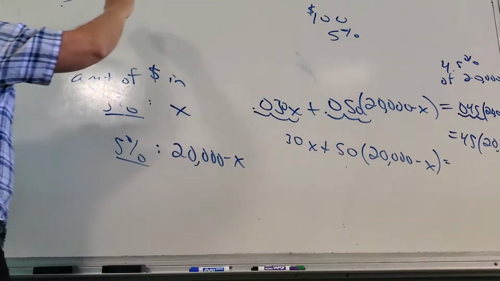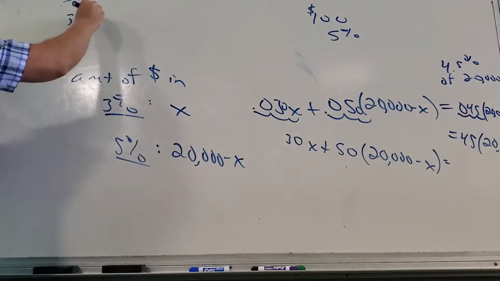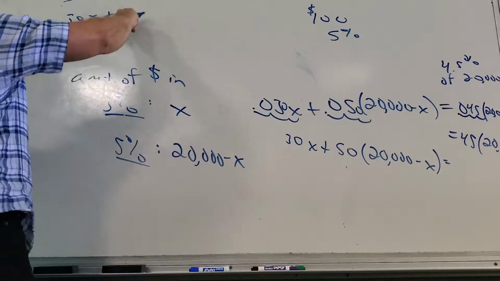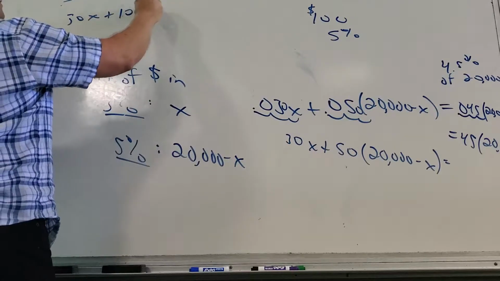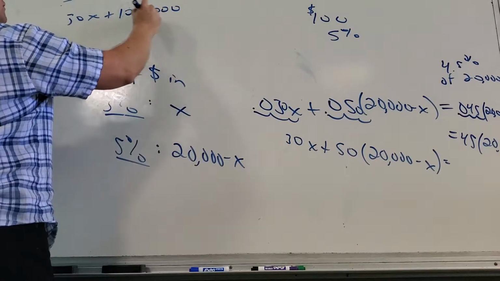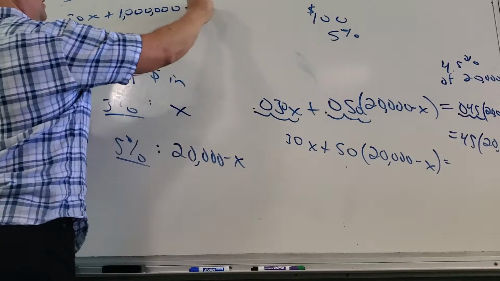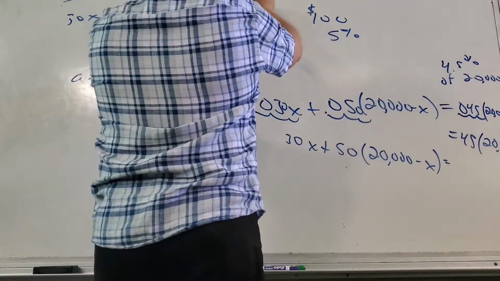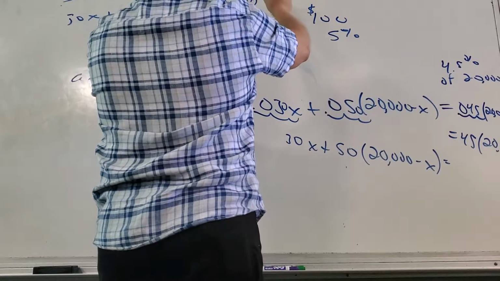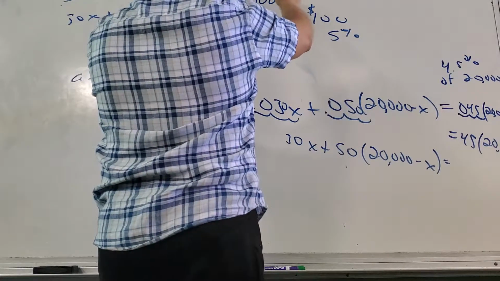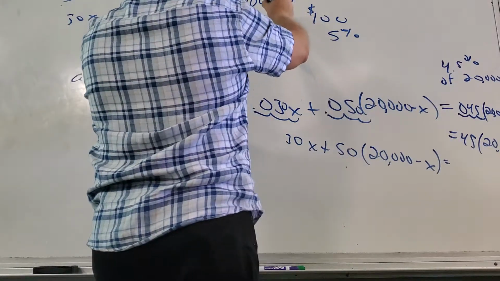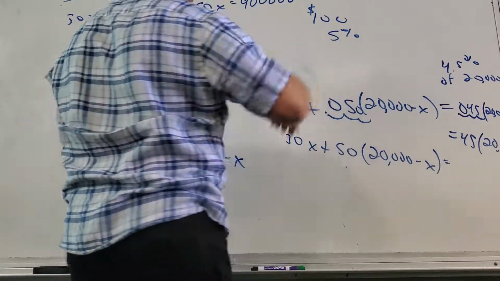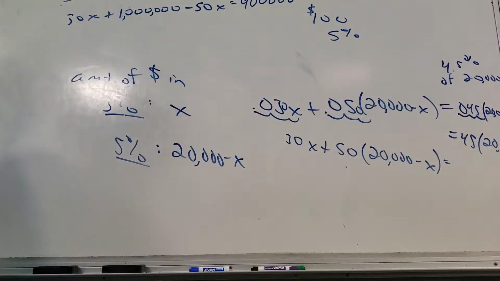All right, so then we get 30x plus 1,000,000, so million, it looks like, minus 50x equals, what's that going to be? 900,000? We'll see. You guys can help me out. 990,000, and then, oh yeah, looks good.